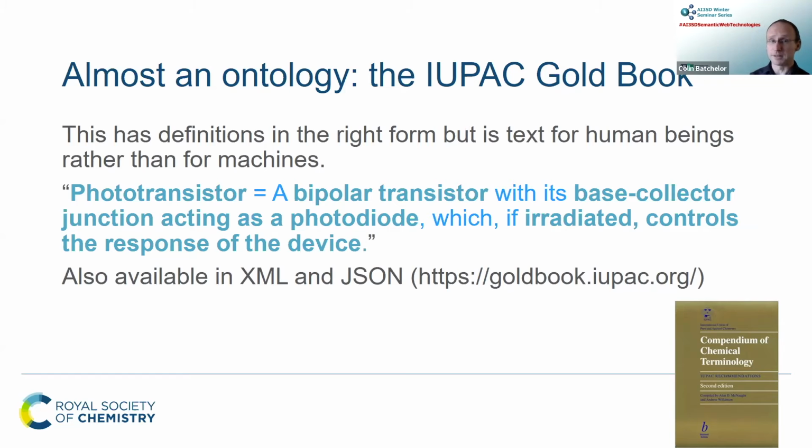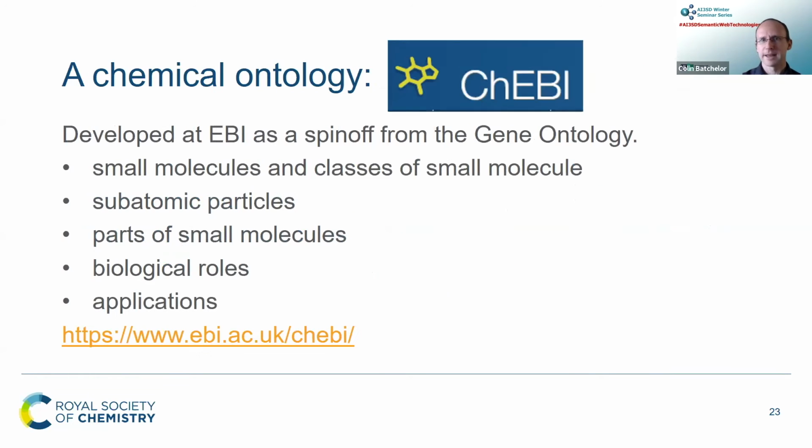And it's also available in XML and JSON. Now, what we found about this was that it was too general and covered all of chemistry. We really wanted to focus on some rather more specific things.